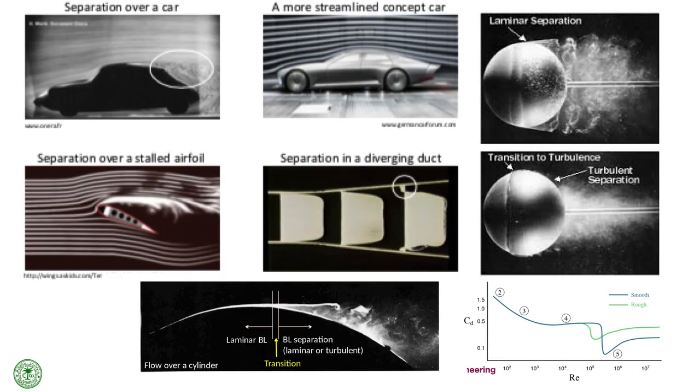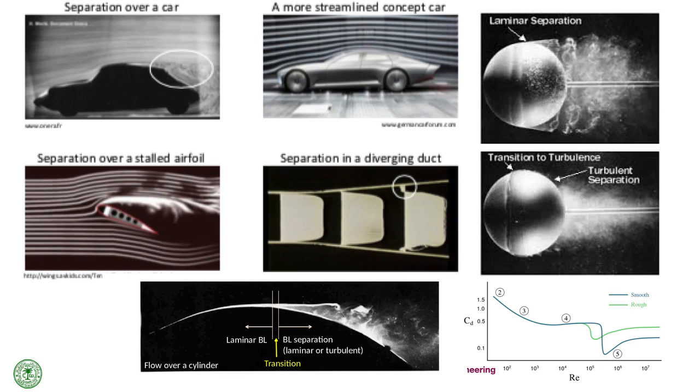At the start, I will show you this slide, which shows a variety of physical phenomena. The first shows a car being tested in a wind tunnel, and you can see boundary layer separation occurring in the circular zone which is highlighted.